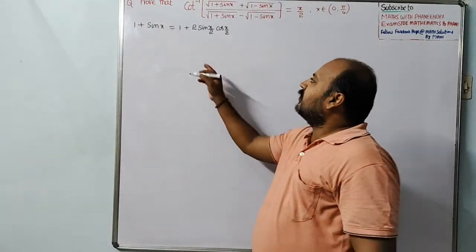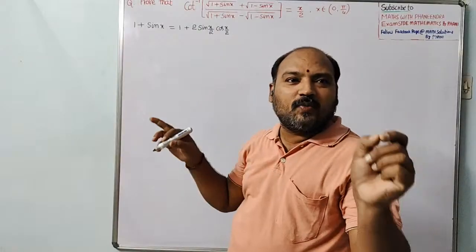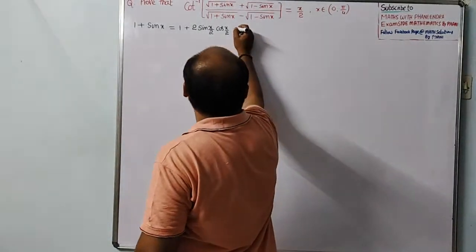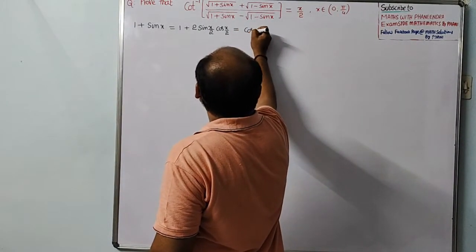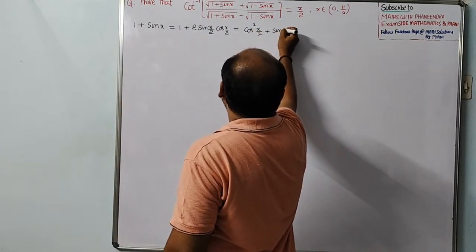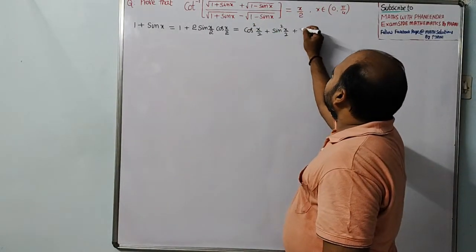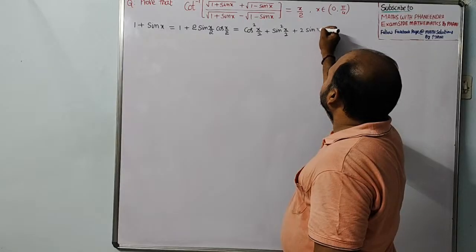Similarly, 1 we write as cos square x by 2 plus sin square x by 2, plus 2 sin x by 2 cos x by 2.